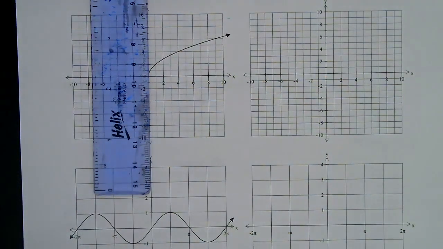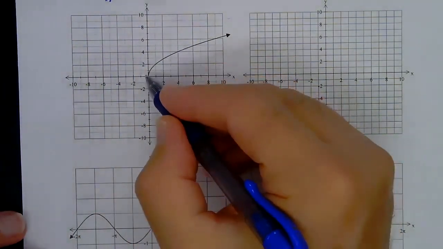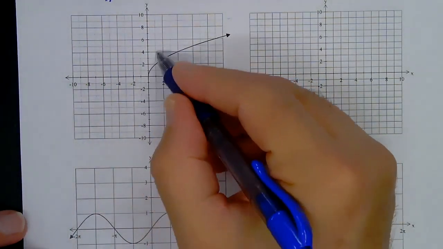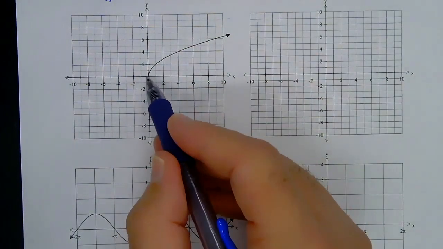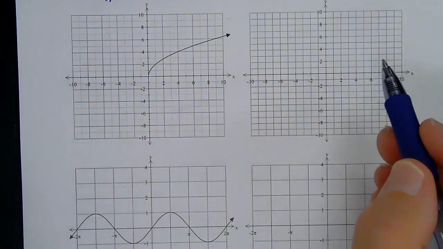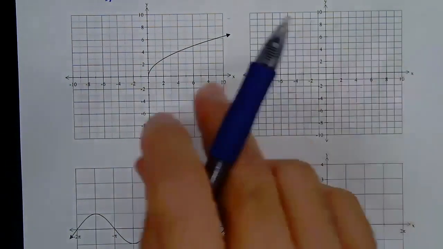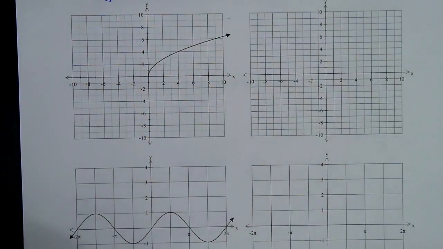So what has to happen here is the slope is going to, right before it, go to infinity, okay? So the slope is going to go to infinity as you approach this value, and all of the slopes have to be positive. So actually, the derivative of the square root function has both a vertical asymptote and a horizontal asymptote.